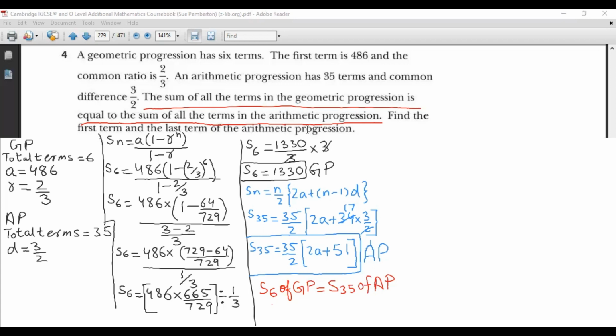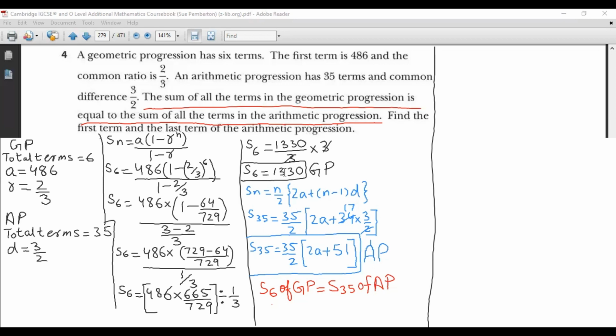As we have already compared it, we are going to simplify it to get the result in the given situation. So what was S6 of GP coming?